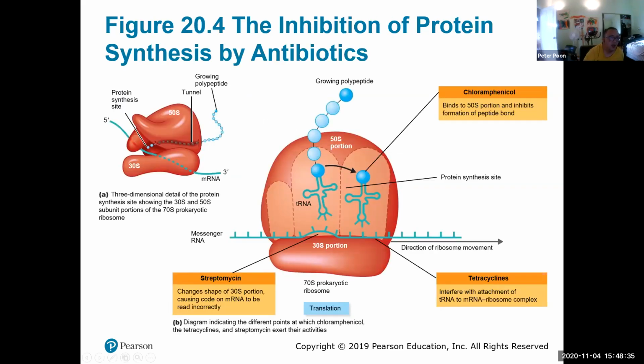So you don't have to know this, right? But there are different places where you can influence the bacterial ribosome.